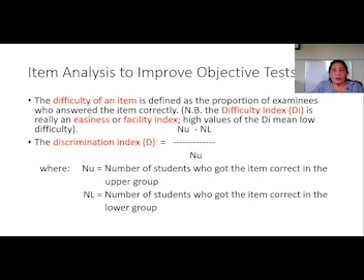Now, the difficulty of an item is defined as the proportion of examinees who answered the item correctly. Now, nota bene, the difficulty index is really an easiness or facility index. That's why some books call it, instead of difficulty index, facility index or easiness index.